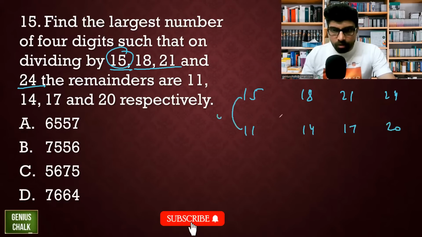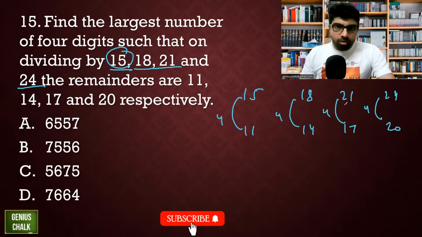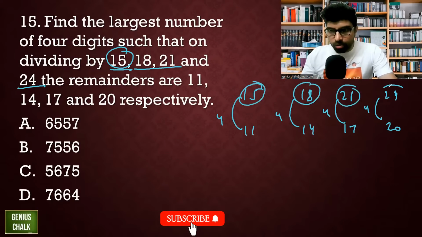We can see the respective difference between all of them is 4. So this is that type which we have discussed already, where the difference between the divisor and the remainder is the same. What was the approach? We first need to find the LCM, and then we subtract this common 4 from there, and that was the answer.